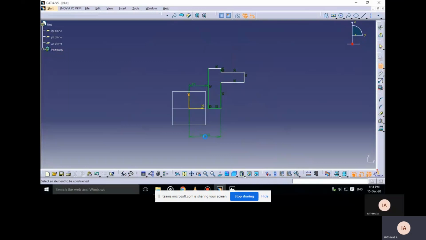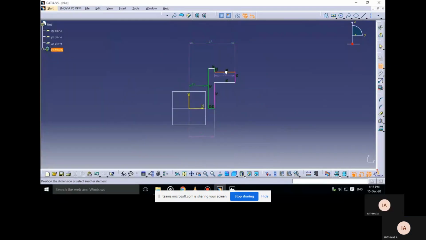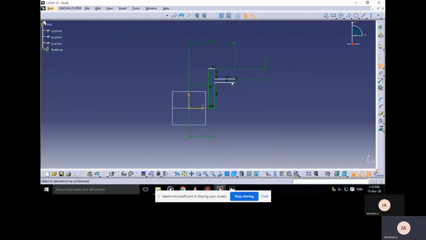From the center it is 19, and then the outer is 45. From the bottom it is 45.